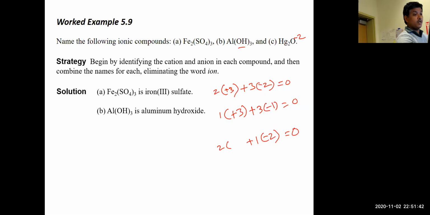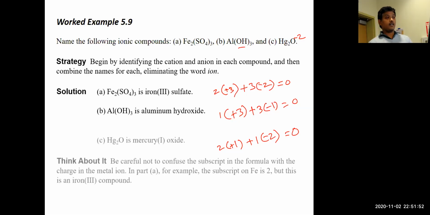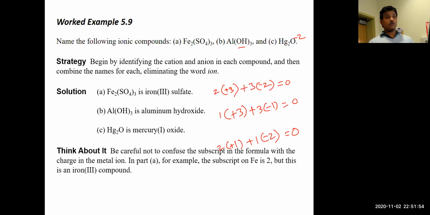There are 2 mercuries, so you get overall neutral if mercury has a +1 charge. So the name is going to be mercury(I) oxide. That is how you would name it. Okay, I'm not saying it's easy, but with practice, you can do it.